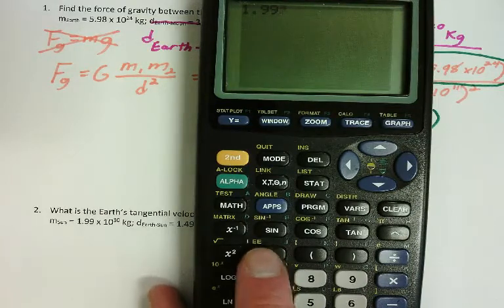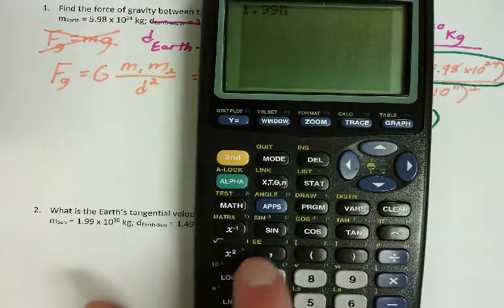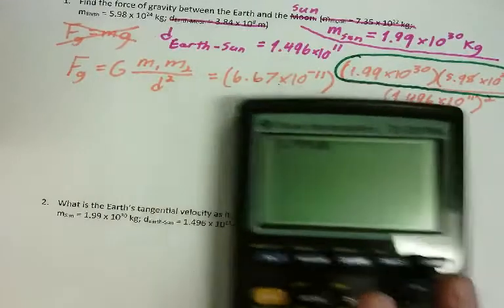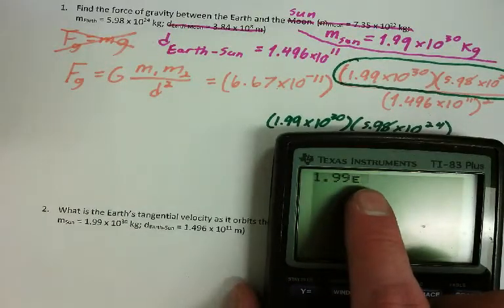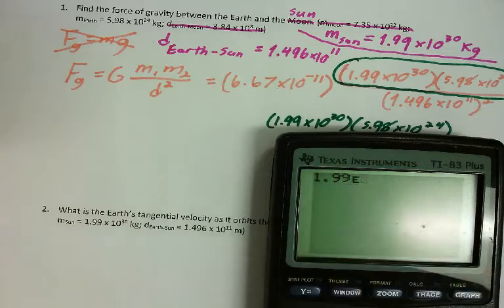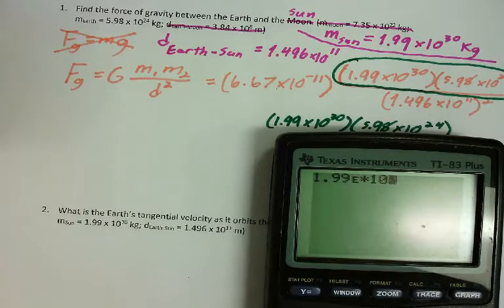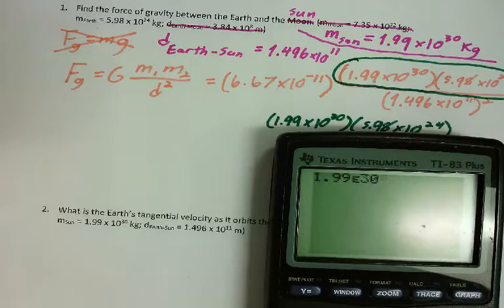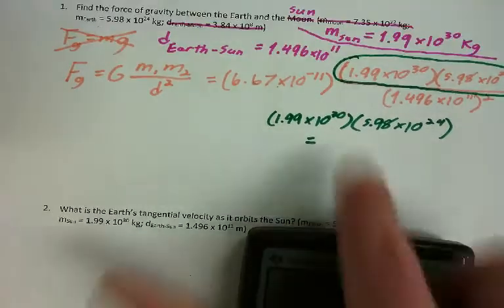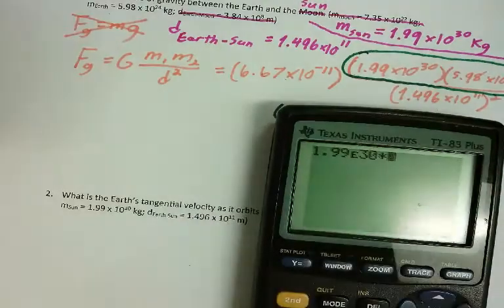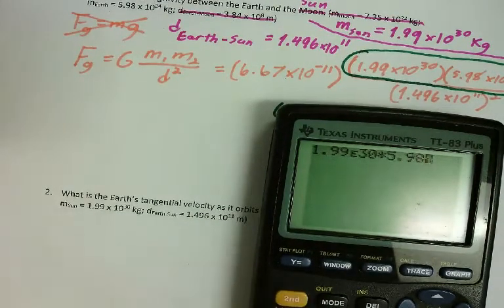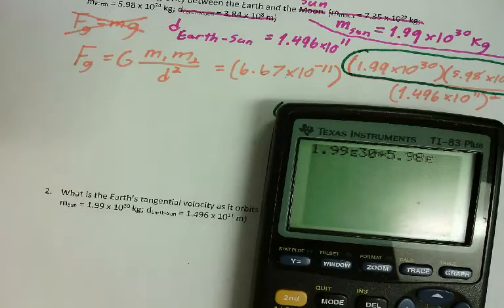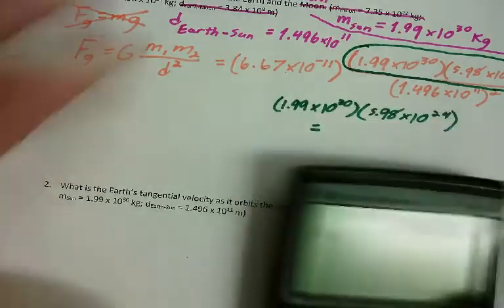If it's a little button above the button, you'll have to hit second EE. It'll make a little E here. That is scientific notation. You don't need to hit times 10. Don't do that. You don't need to hit a power. Just put the number 30. Now you do math. Times 5.98, EE, 24, equals, and you get this.